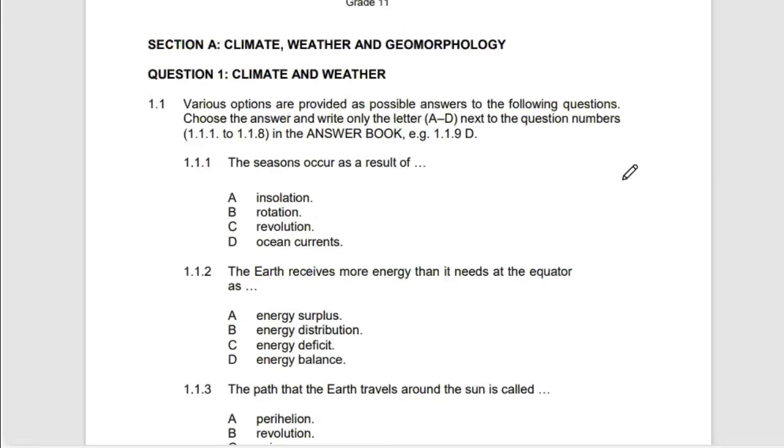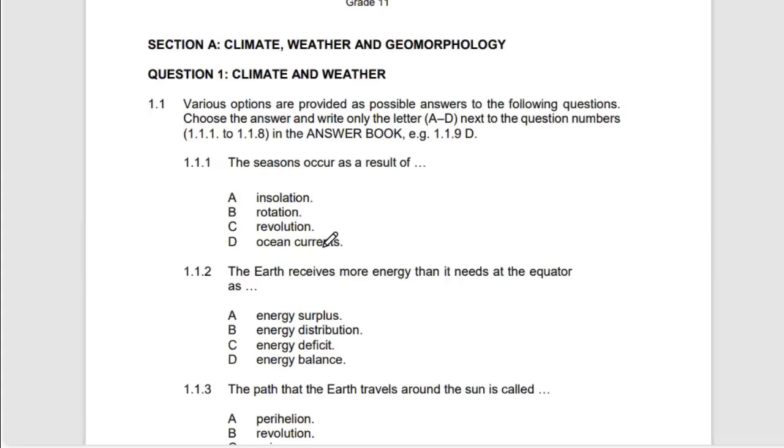The first question is in section A, climate and weather. It's a multiple choice question, number 1.1.1. The question is: what causes seasons? In simple understanding, for us to have summer and winter, autumn and spring, what is the reason?